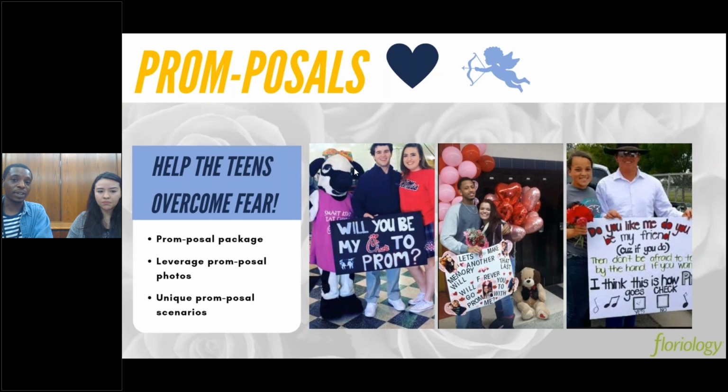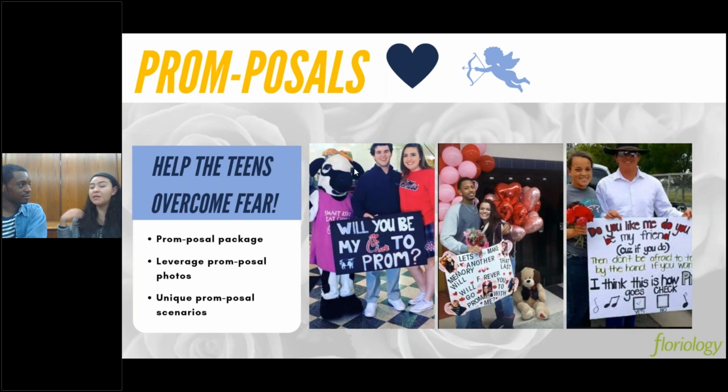By doing that, you want to give some ideas about? Yeah, so as you can see in the middle, when they're doing their promposal, they have flowers, they have balloons, and they have plush. So in your social media, you can create a post saying, we have everything perfect for your promposal.